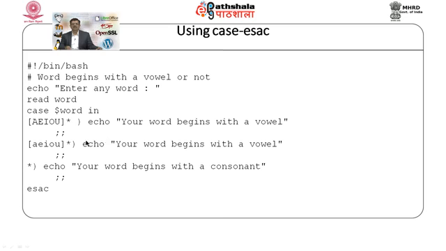The first I will be matched with either of these characters within the square bracket followed by any other character, star. Now, suppose if I have entered india in lower case, it will match this pattern, and instead of entering India, if I have entered Bharat, B is not a vowel.